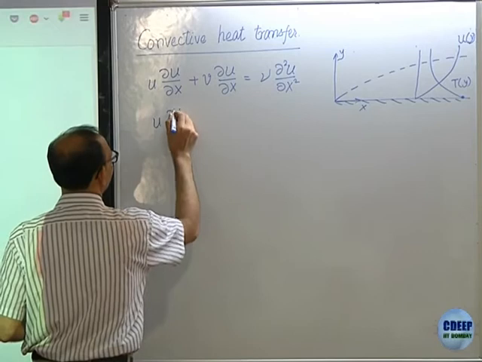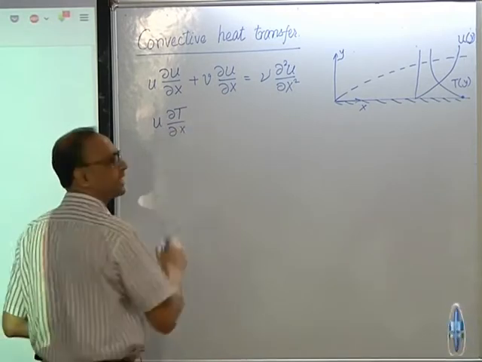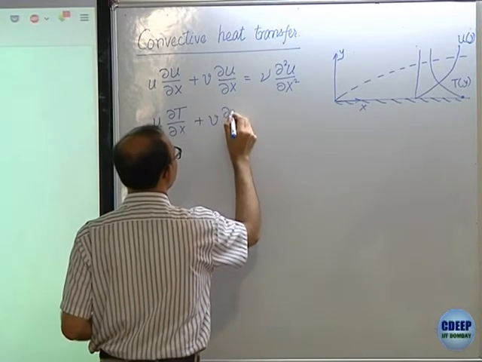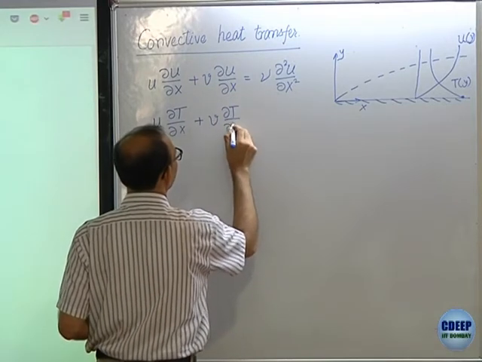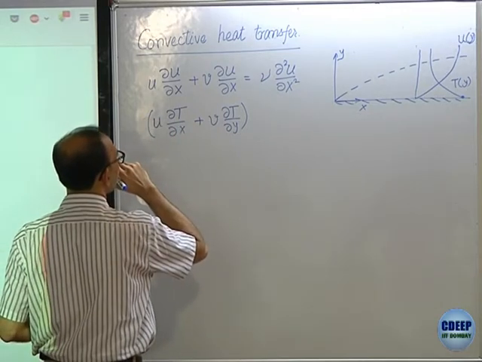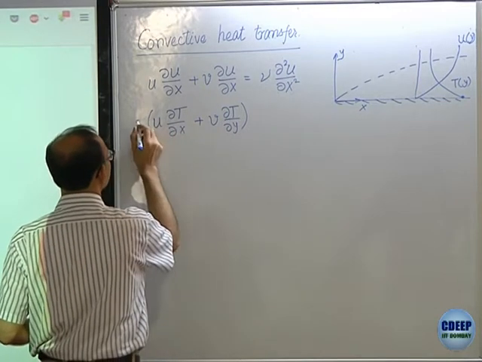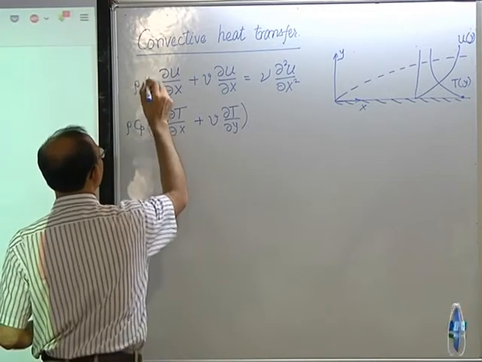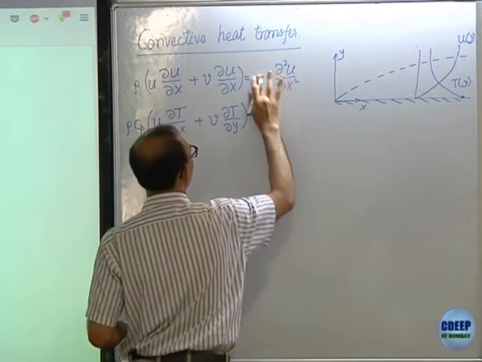The equation for temperature, which is nothing but the energy equation, has a form like this. Cp. Let me write it as rho and Cp. Let me make it slightly different here also.